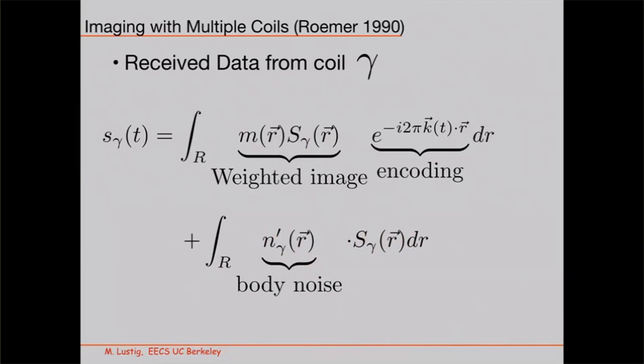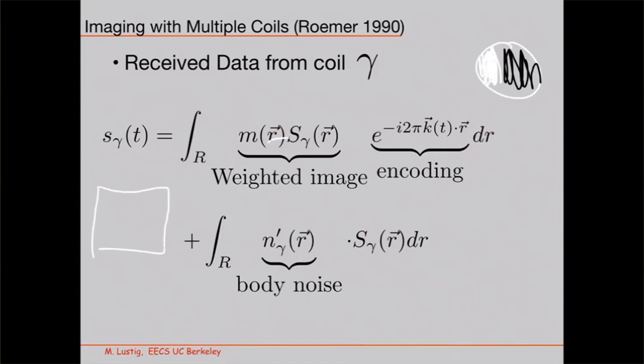Now, here's something. So each sample here, each measurement at every time point, is going to have some K-space value, some K-space measurement. So let's say this is my K-space and I'm traversing K-space.